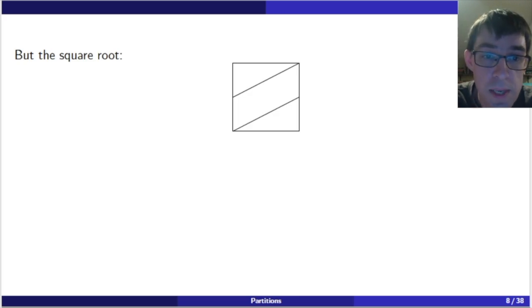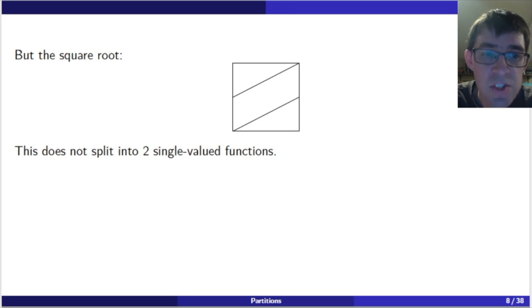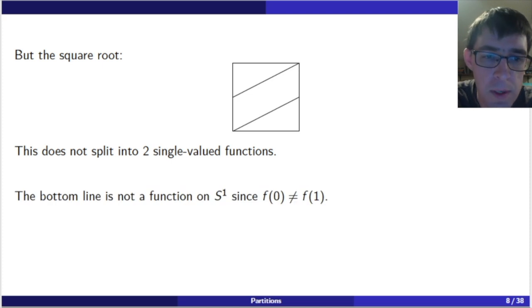So this old example, the square root here, does not split into 2 single-valued functions. It looks like those are 2 lines, but those lines individually don't make real functions. For instance, the one on the bottom there is not a function on the circle because the 2 endpoints, if you look on the left side and the right side, don't actually match up.